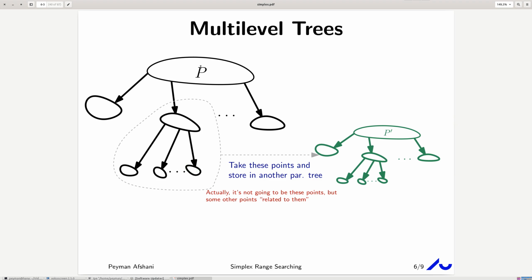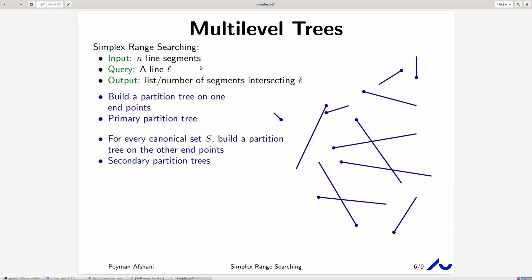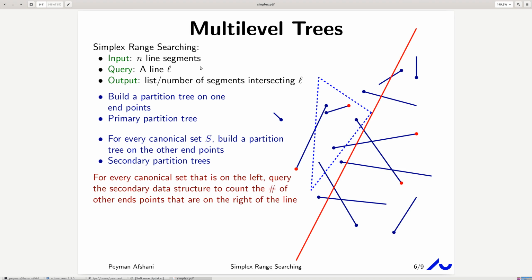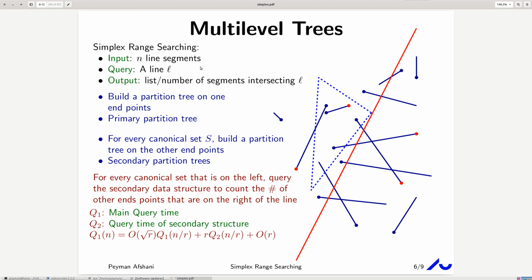The interesting thing here is what happens to the query time. Let me go forward again. What is the query time here? Here I have two different recursions. You have the recursion inside the top partition tree, and then you have the query time of the secondary structure.